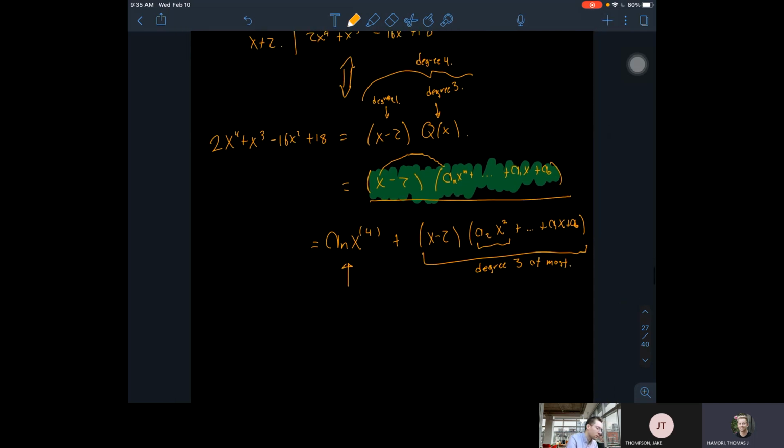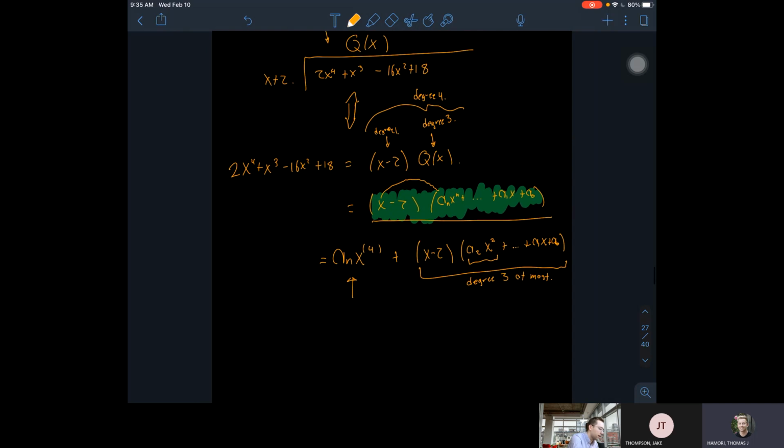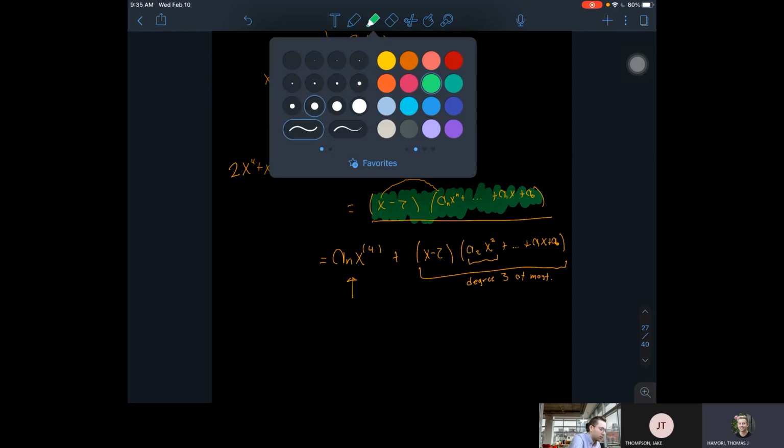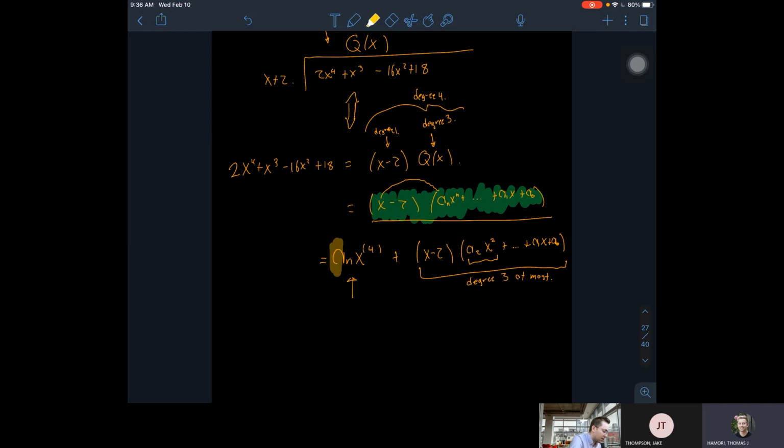Okay? So what we're going to say here is that if I were to FOIL this out, I get an times x to the 4 plus all this stuff of degree 3. Well, I can just match the right-hand side.